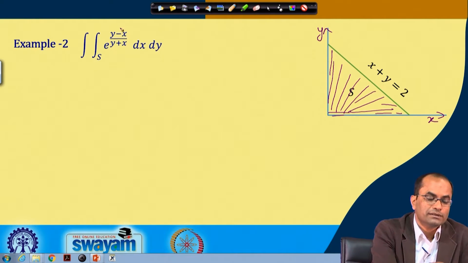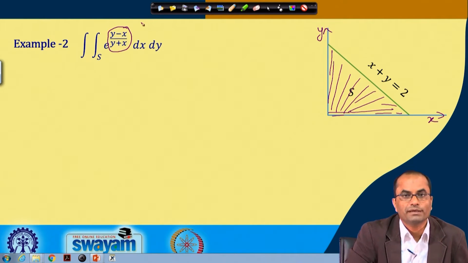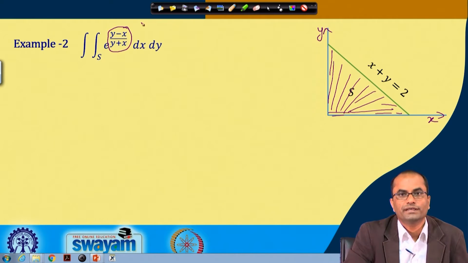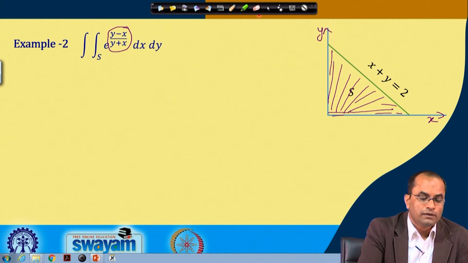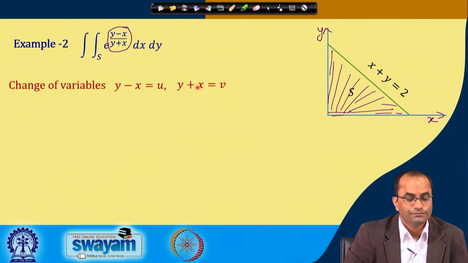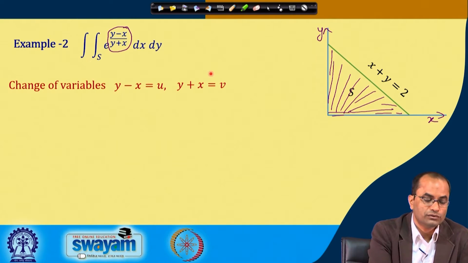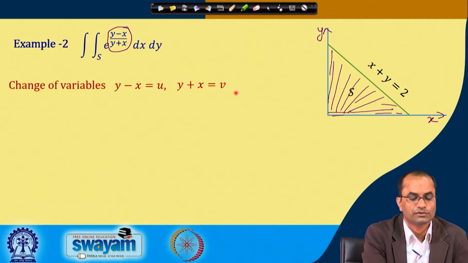So, the suitable substitution looking at the integrand seems to be y minus x and y plus x. If we give a new name to y minus x and also to y plus x, then perhaps this integral will become easier to compute. So, we substitute y minus x as u, and y plus x as v, and then out of these two we can compute also x and y in terms of u and v.